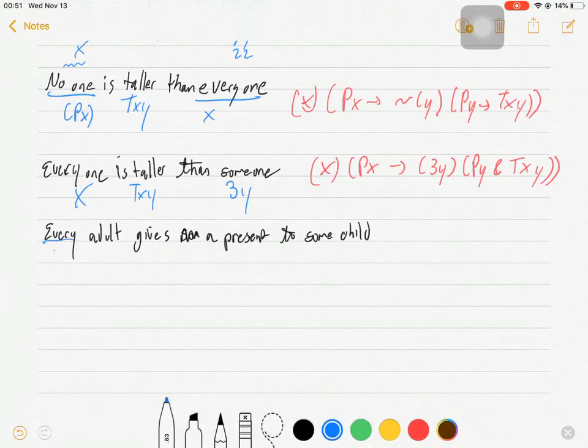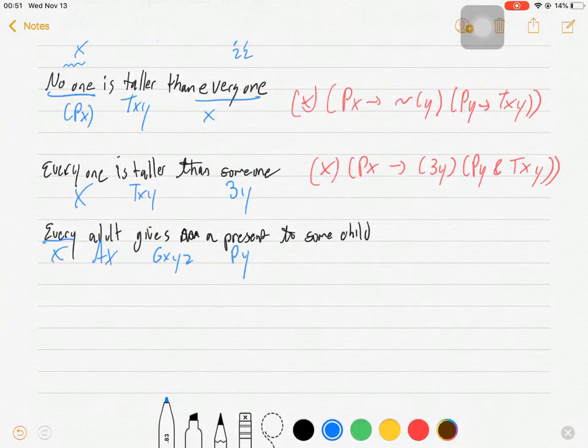So every adult, we're talking about all adults. Giving is a triadic relation. X gives. What do they give? They give Y to Z. Then we have a present.